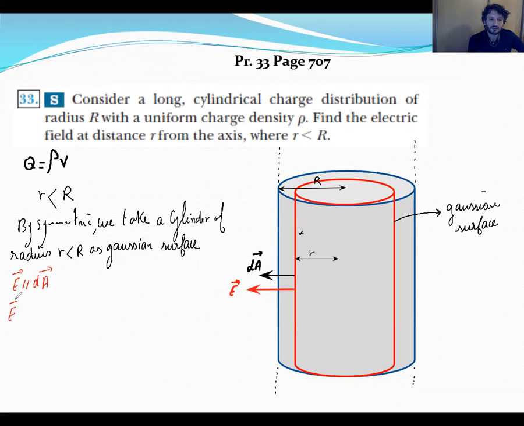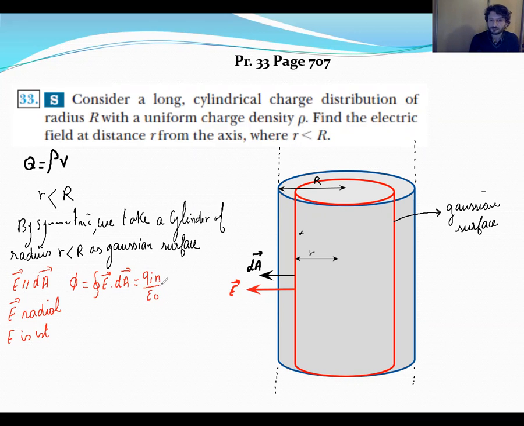E is a radial vector, and E's magnitude is constant at the surface. And we can write the flux equals the integral over a closed surface of E dot dA equals Qn divided by epsilon.